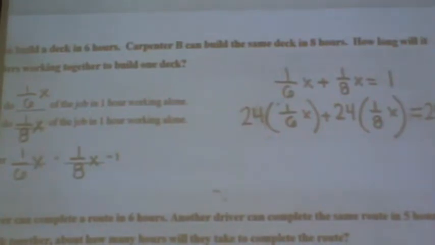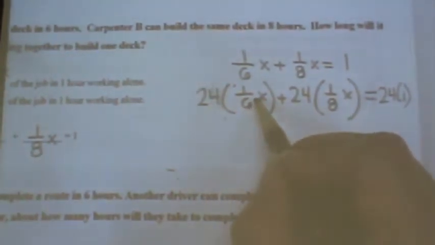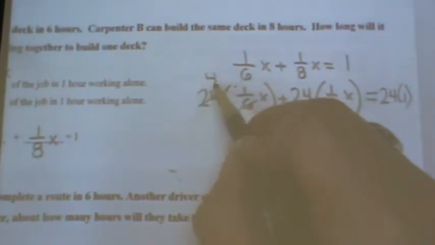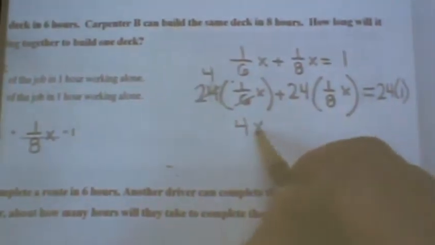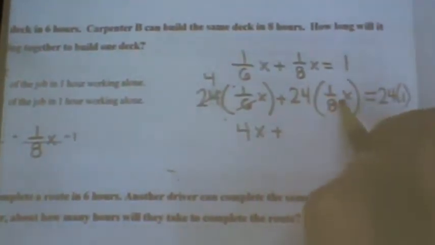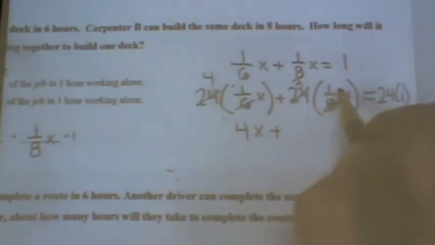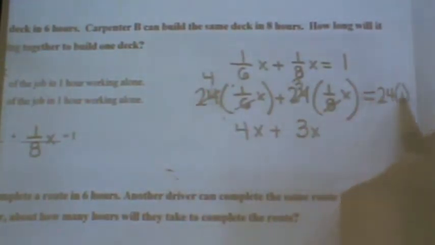This is just the application stuff now. What are you going to do now? Six goes into 24 how many times? So you get 4x. 8 goes into 24 how many times? 3 times 1x is 3x. And 24 times 1 is 24. Next, what do you do?